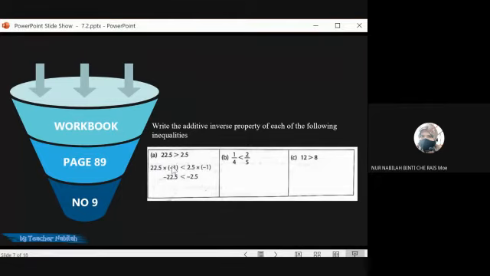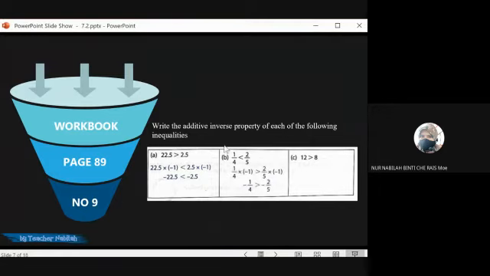22.5. This is the calculation given, or you can just write down negative 22.5 less than negative 2.5. Put negative here, negative there, and this one will become less than. B, 1 over 4 less than 2 over 5. This one is also the same, times negative 1.